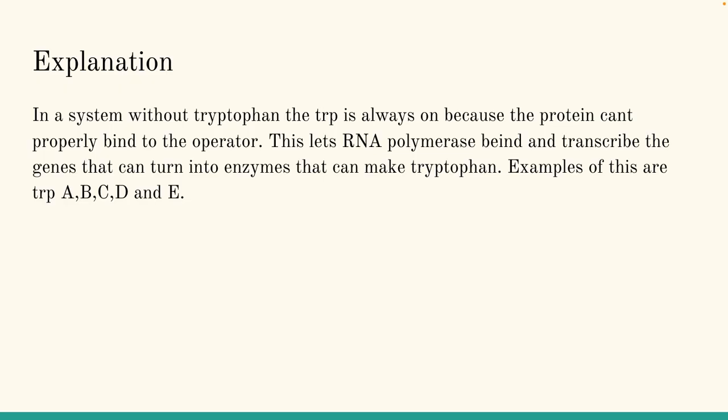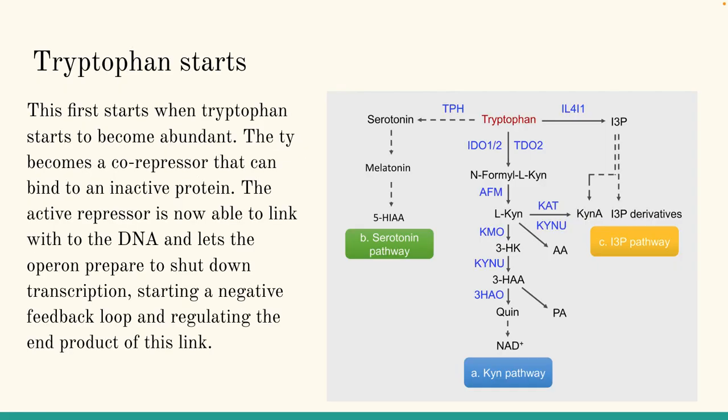This lets RNA polymerase begin to transcribe the genes that turn into enzymes that make TRP. Examples of this are TRP A, B, C, D, and E, which help with that.